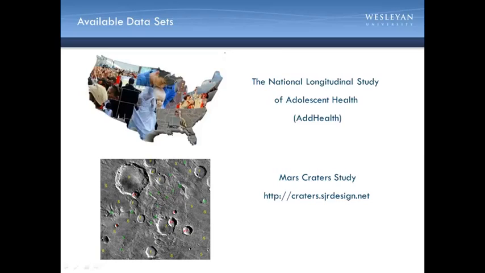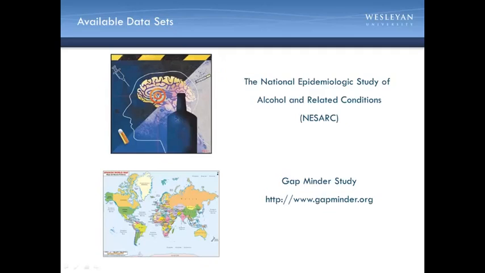Next is the Mars Crater Study. As you may know, the planet Mars has terrain that is heavily cratered. These craters were created about 4 billion years ago during a period of heavy bombardment from asteroids, protoplanets, and comets. Made available by researchers at the University of Colorado Boulder, this data set includes characteristics of more than 350,000 of these Mars craters. Also available is a portion of the National Epidemiologic Study of Alcohol and Related Conditions, known as the NESARC.